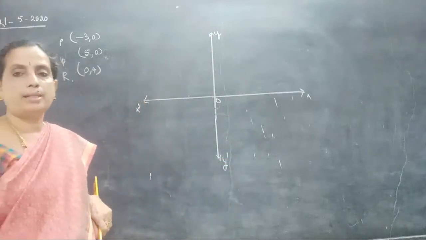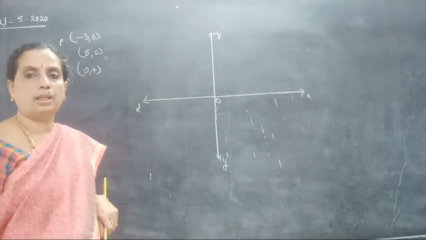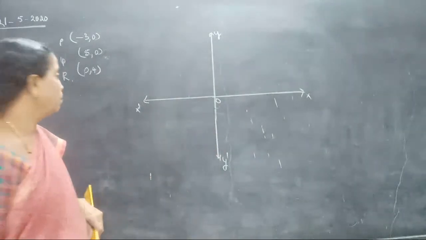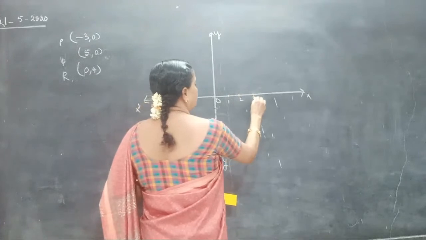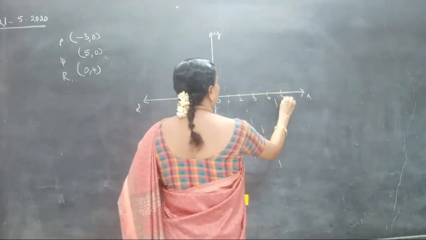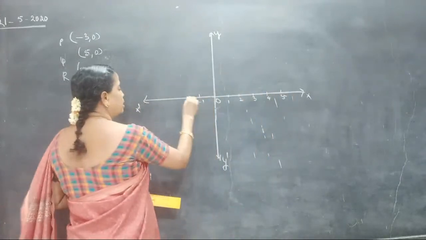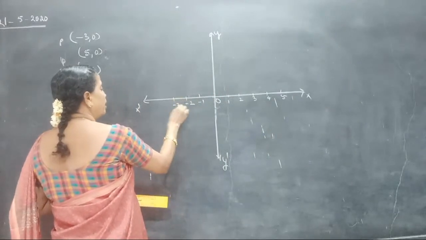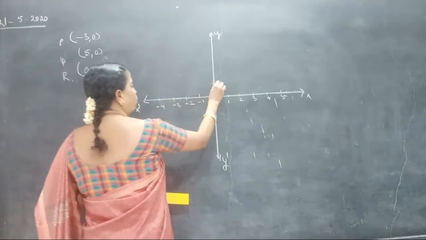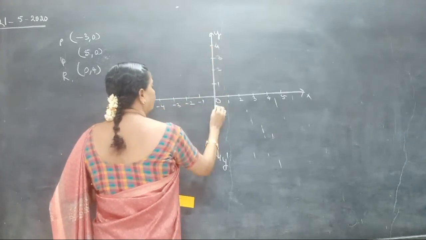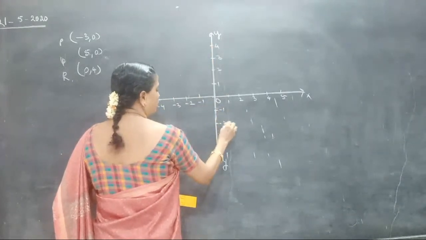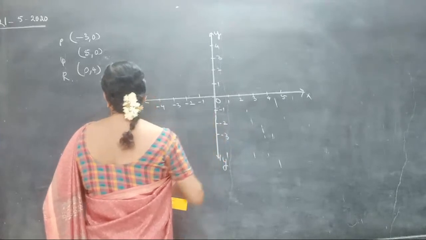After drawing the axes perpendicular to each other, now mark the points: plus 1, plus 2, 3, 4, 5, minus 1, minus 2, minus 3, minus 4, and 1, 2, 3, 4, minus 1, minus 2, minus 3.